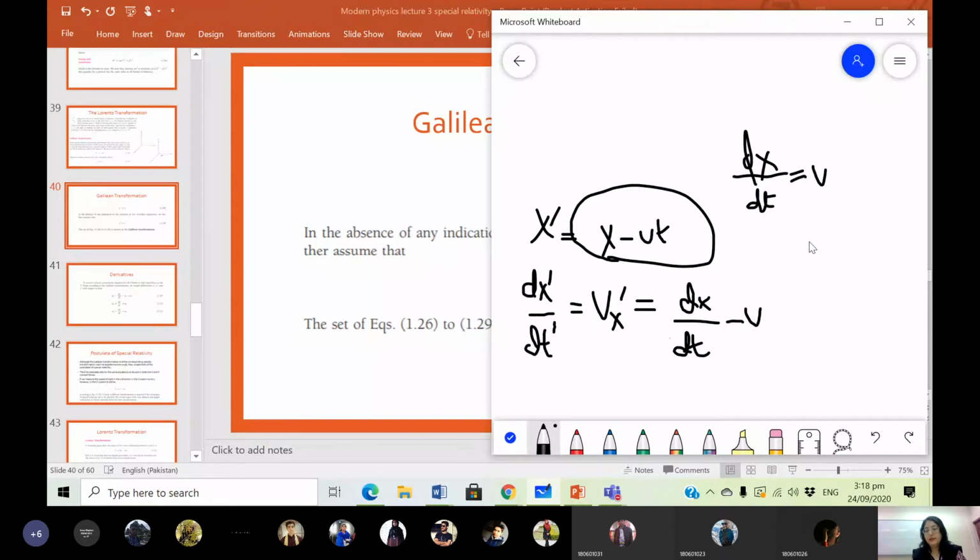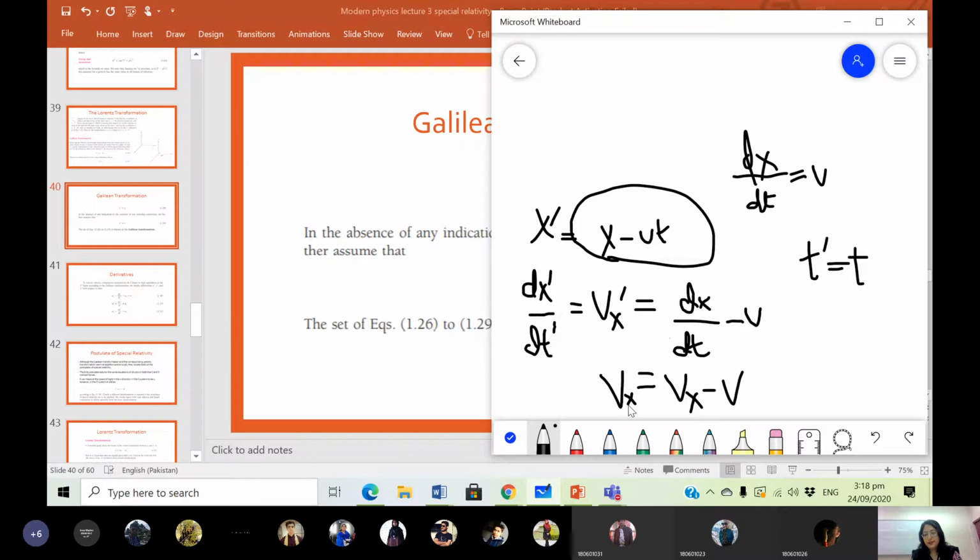There's no time dilation in the Galilean transformation. Therefore, vx dash, which is dx dash divided by dt dash, will be equal to vx minus v. Now this is simple Galilean transformation.